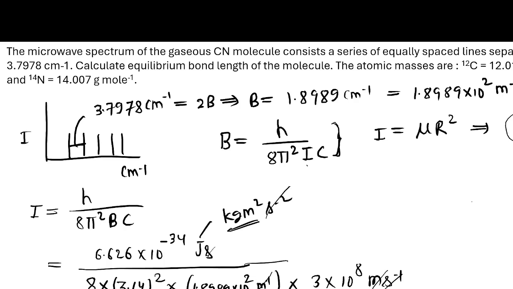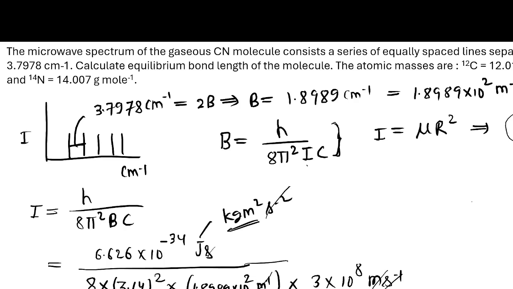6.626 divided by... Can you help me in the calculation? Can you tell me the answer? You will get 1.4742 times 10 to the power minus 46 kg meter square. So we calculated I from here.